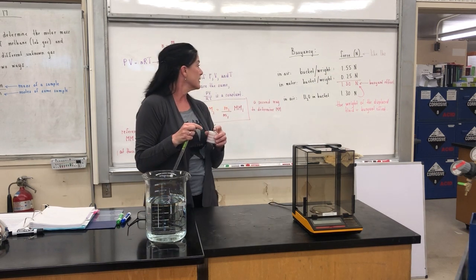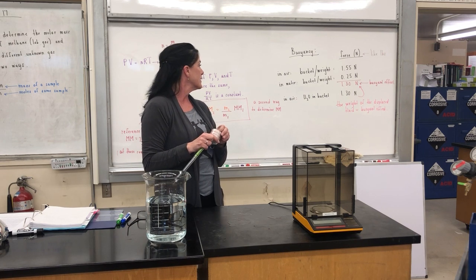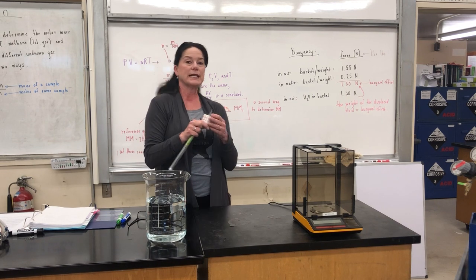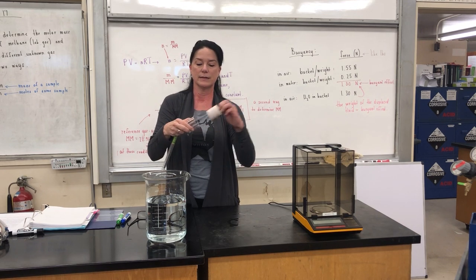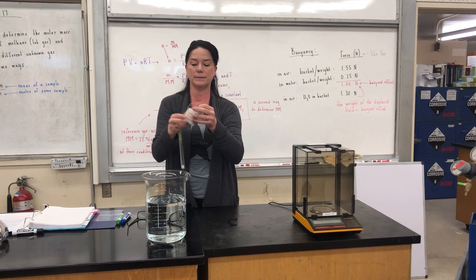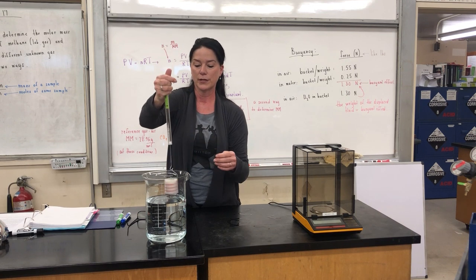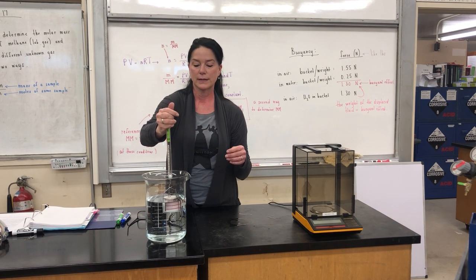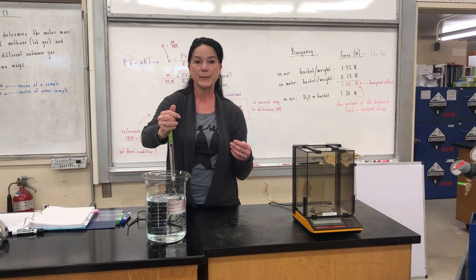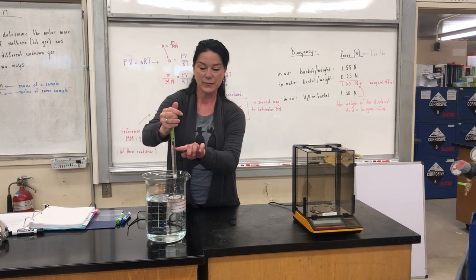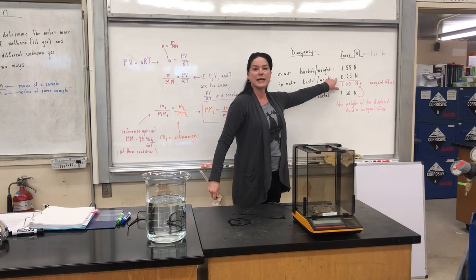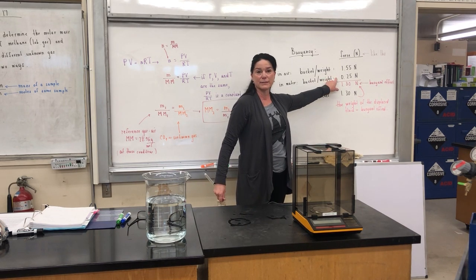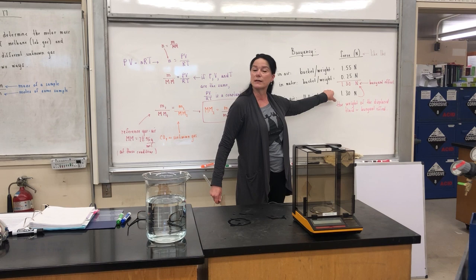If I take this same system, so I have the mass inside the bucket that's holding it, and I stick it in water, the apparent weight is a lot less. And when I read the spring scale, it says that it only has a weight of 0.25 newtons. So there's 1.3 newtons that are apparently missing.